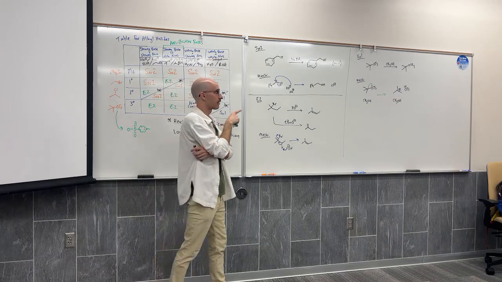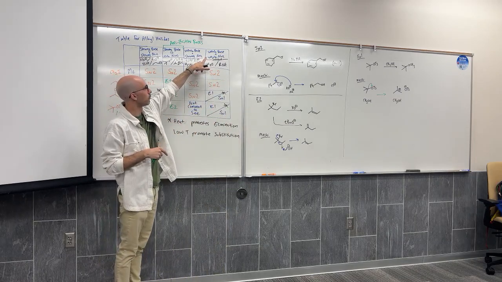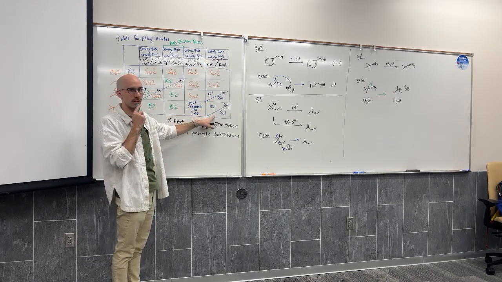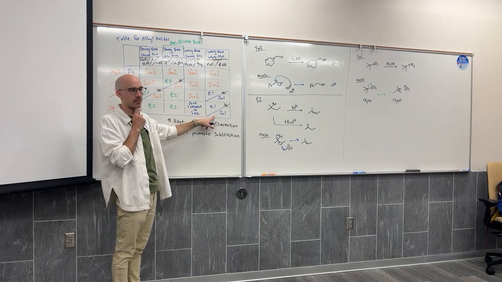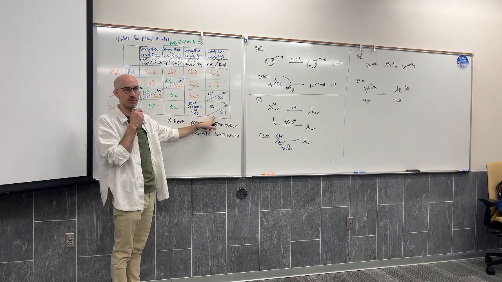And now that the leaving group has left, now that a carbocation exists, my weak nucleophile is able to do whatever it wants. Oh, and look, our table tells us we should be expecting a mixture of products, both an elimination product from this reaction and a substitution product.